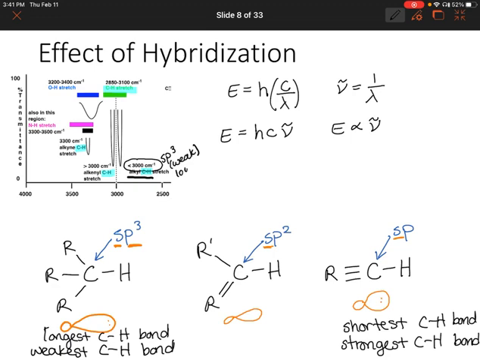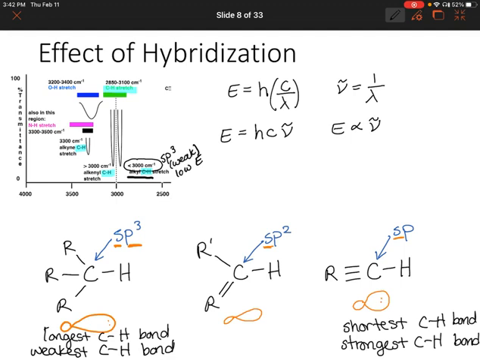So we'll put low energy there. So it doesn't take a lot of energy to break that carbon-hydrogen bond, for instance. But then if we go all the way over to the sp hybridized carbon, that carbon-hydrogen bond is really strong.